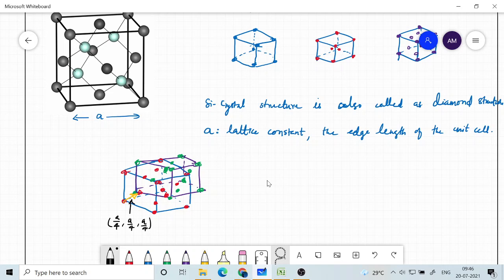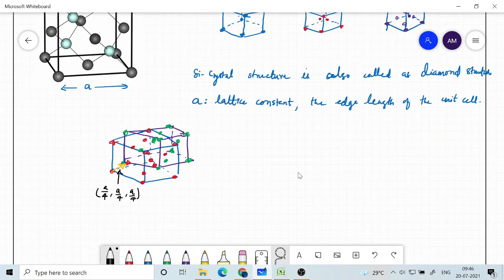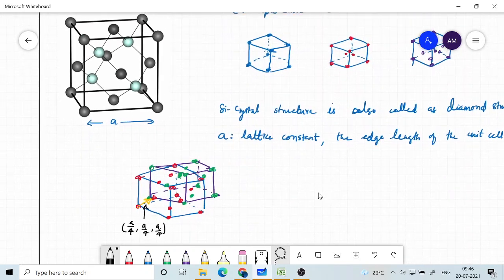So this is also the structure of the diamond, where instead of silicon we have carbon atoms. Okay, so if you look at any particular atom, it has 4 nearest neighbors.